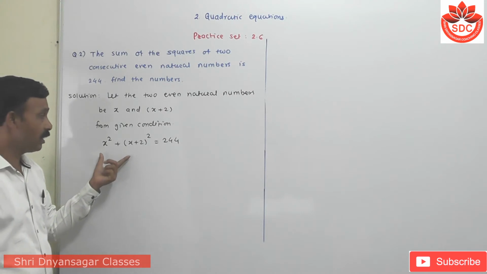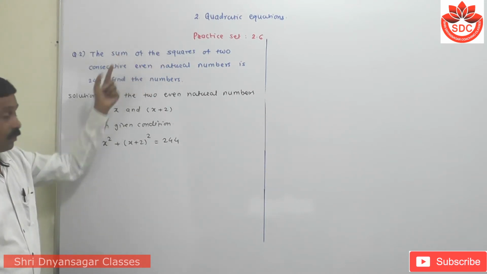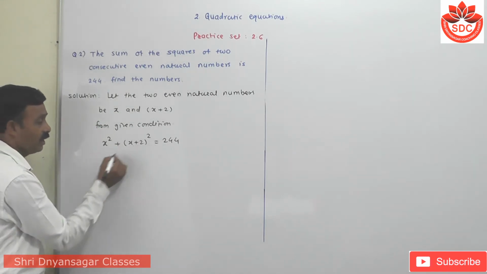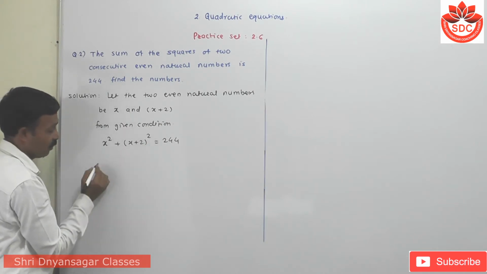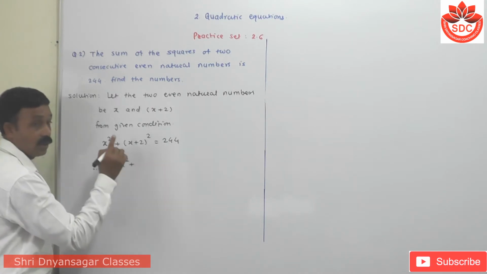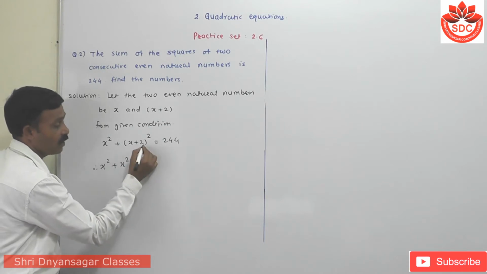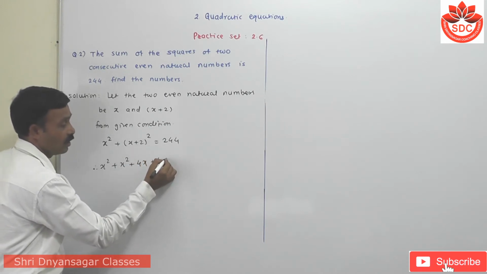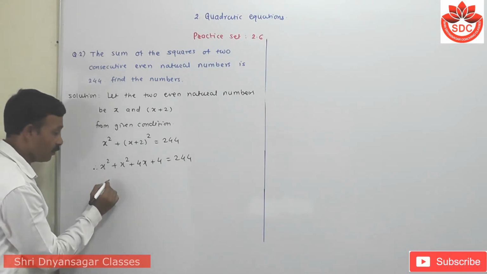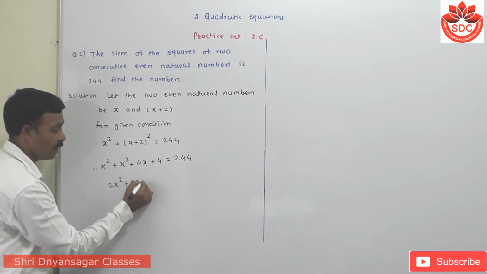Can you understand this step? Squaring these two and also taking their sum. Then squaring this bracket by using the identity (a plus b) square, we write x square plus x square plus twice ab, that is 2 into 2 into x, 4x, plus 2 square, which is 4, is equal to 244. x square plus x square becomes twice x square, then plus 4x plus 4.